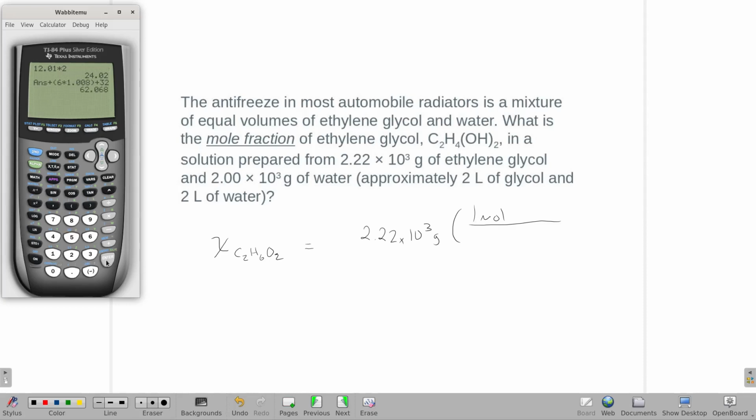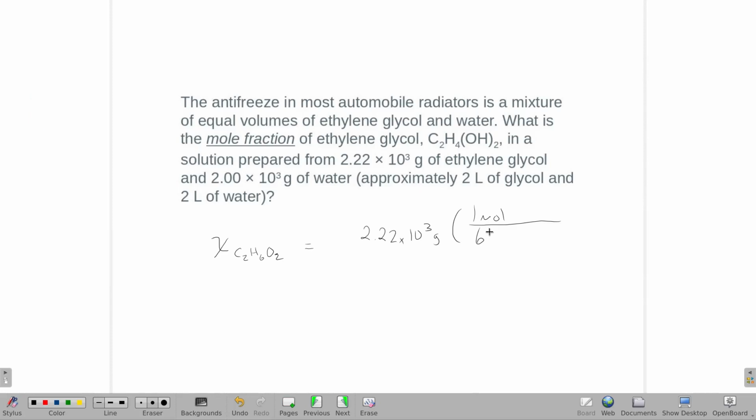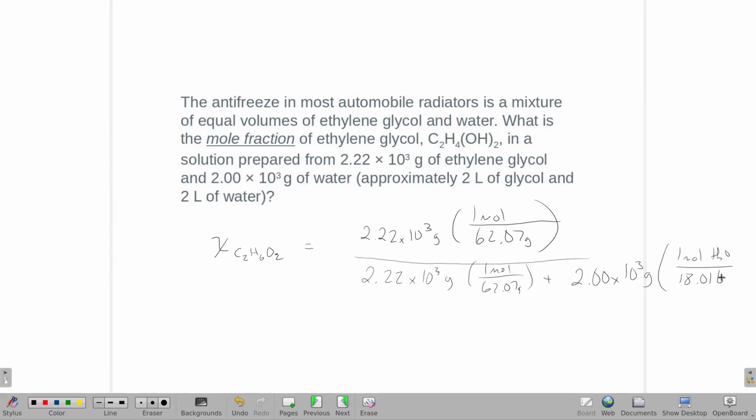So I get a molecular weight of ethylene glycol of 62.07 grams. That is going to be duplicated on the bottom, because on the bottom is going to have the moles of solute and the moles of solvent. So just rewriting that, what I'm going to add to this is the moles of water. So 2.00 times 10 to the third grams, and 1 mole of water happens to weigh 18.016 grams.